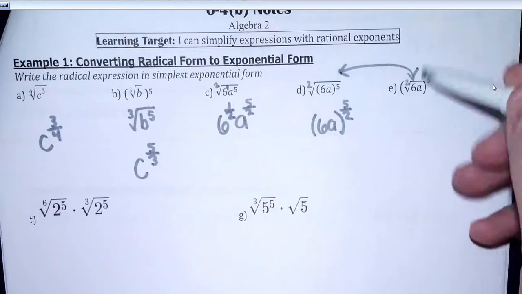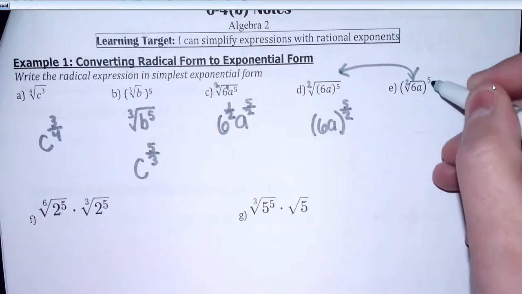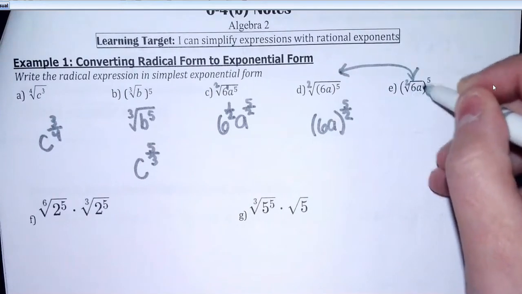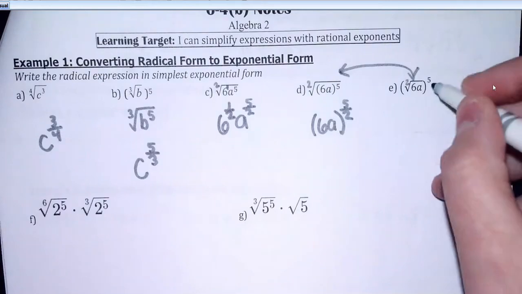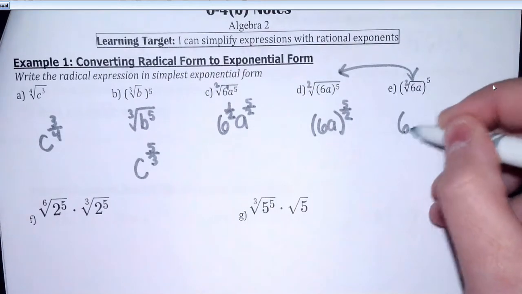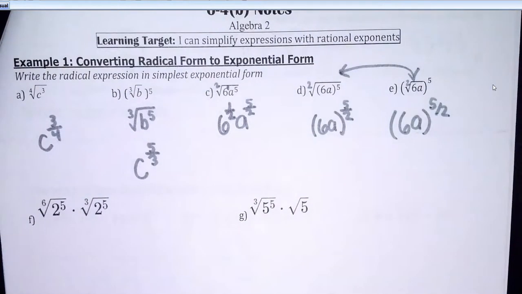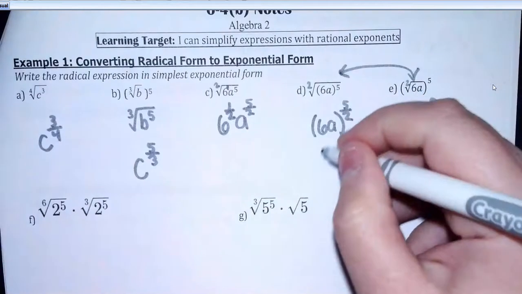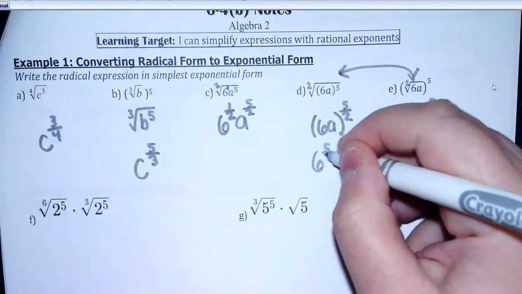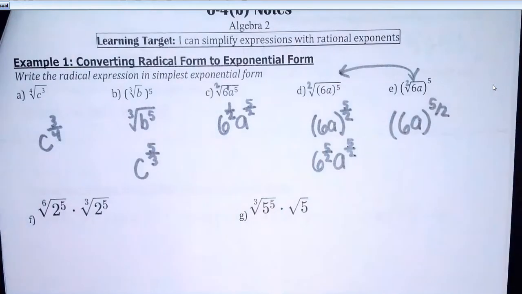These two are the same, just two different ways to write this, but because there are parentheses around this whole thing, we're going to assume both of those are being taken to the 5th power after we take the square root. So this one would look exactly the same as the previous question. And honestly, if you wanted to, you could write both of these as 6 to the 5/2 times a to the 5/2. Either one of those formats is fine with me.